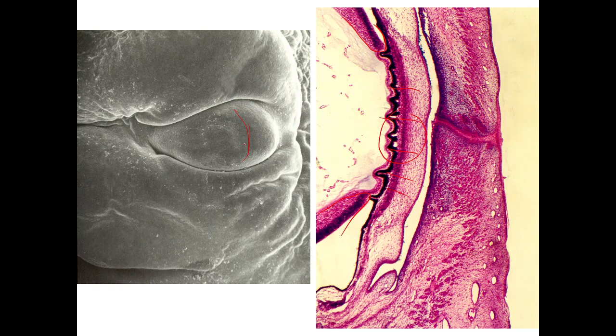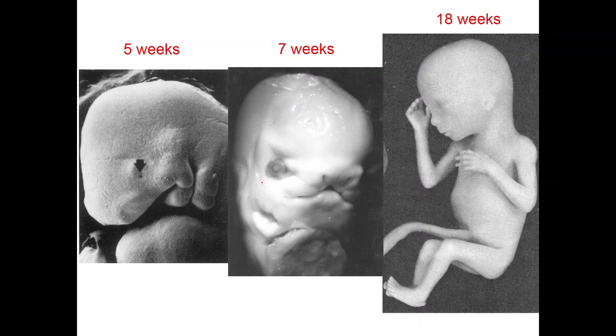It looks like the eye is closed completely, but then it will rupture on the inside, forming the pupil. And this is how it looks in the embryo's development. We can see the black coats. In here we can actually see the forming eye inside, and this is normally the fetus.